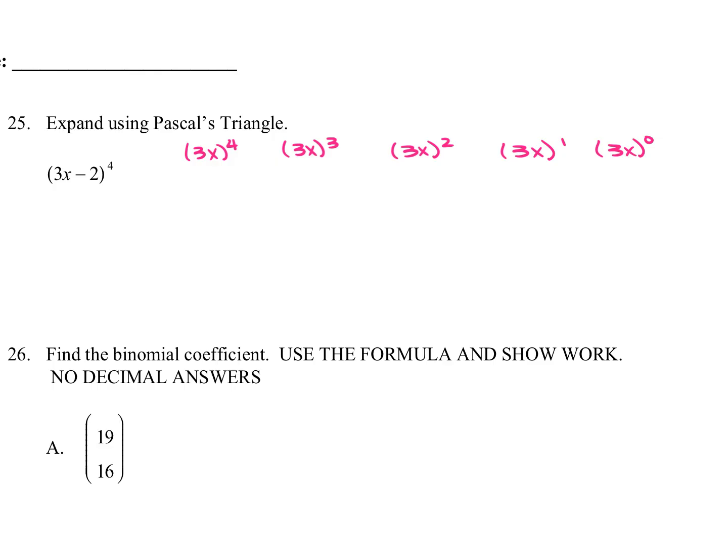Then we're going to use the numbers from Pascal's triangle: 1, 4, 6, 4, 1. Then that negative 2 gets raised to the power of 0, to the 1st power, to the 2nd power, to the 3rd, and to the 4th.